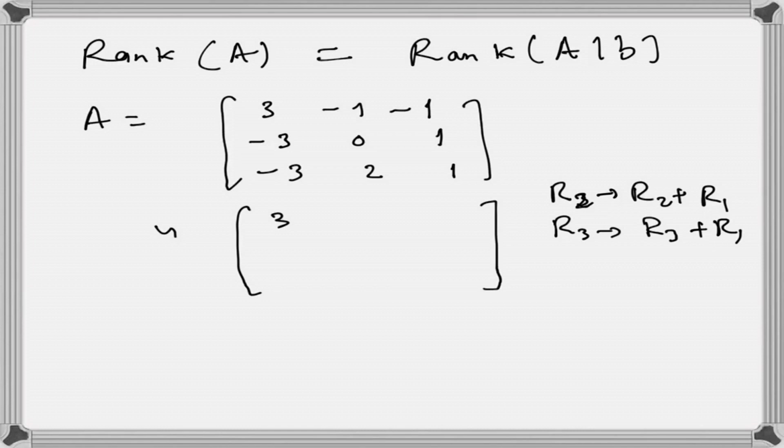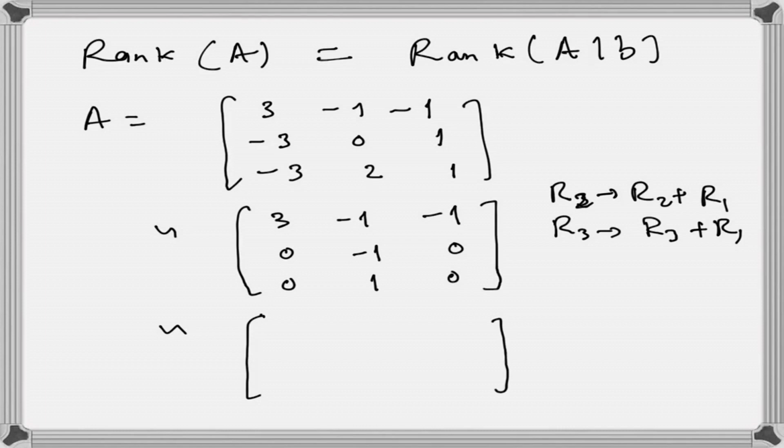So the first row is the same. Then this is 0, this is minus 1, and this is 0; this is 0, this is 1, and this is 0. Now let's reduce it further.